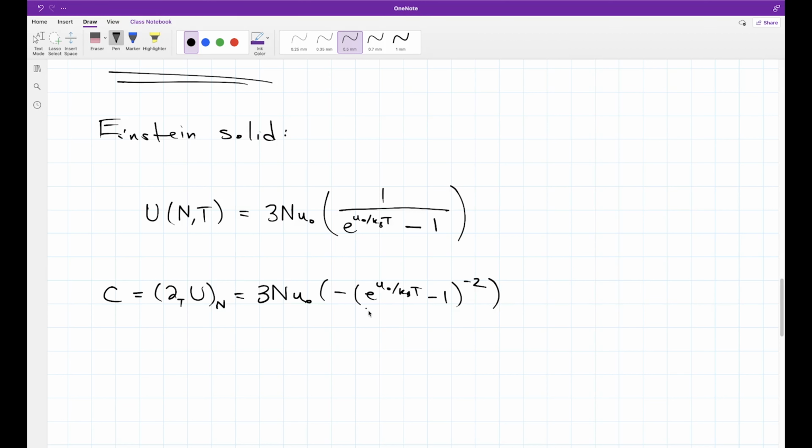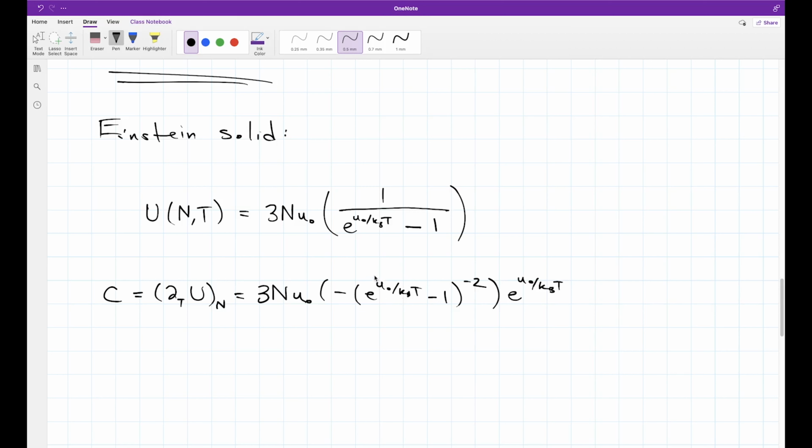Next, we need to take the derivative of this inside part, which is like the derivative of this e part, and then the derivative of minus 1. But the derivative of minus 1 is 0. So we just have to worry about the derivative of the e part. Imagining that this is like e to some function of T, we'll get e to that function times the derivative of the function.